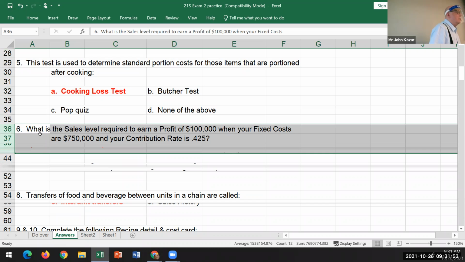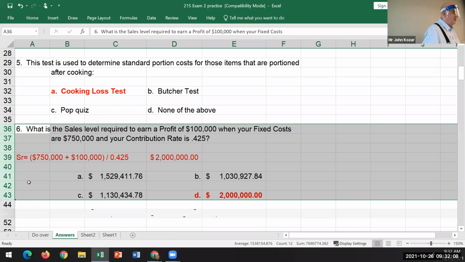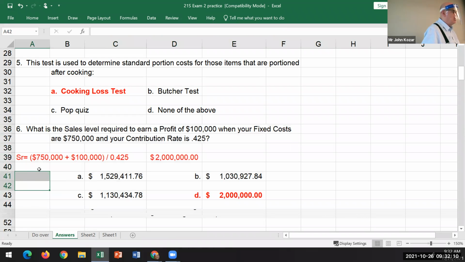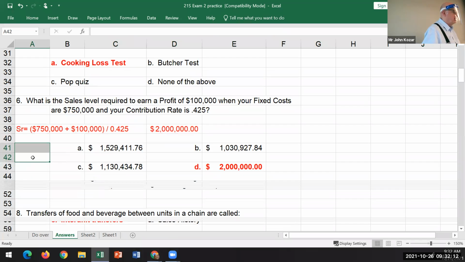Sales required is equal to the sum of fixed cost and profit divided by the contribution rate. Okay, so $2 million is the correct answer.